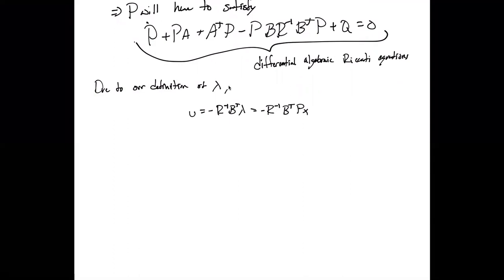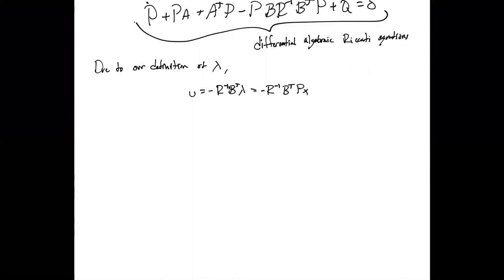So now we've essentially removed the costates from our system, but gained a P matrix instead.